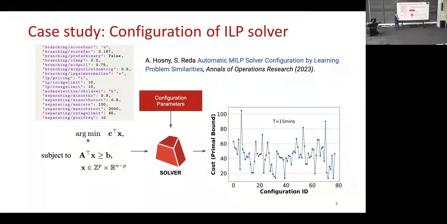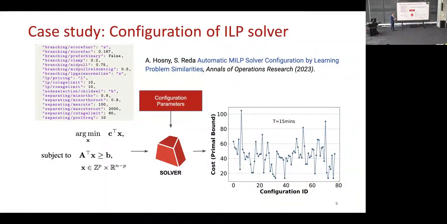So for instance, this is one of the ILP instances we have. You give the solver 15 minutes to solve it. And then depending on which configuration you choose for these parameters, you get totally different final results, okay? So definitely the configuration parameter you use for the ILP solver has a big impact on the cost you finally get.